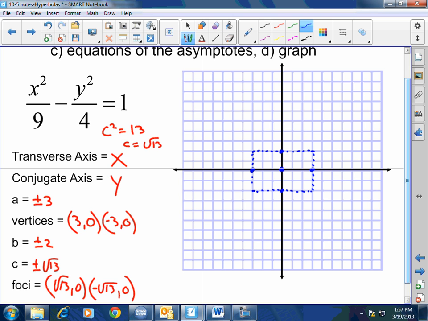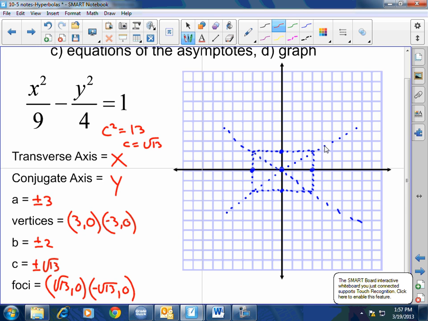Okay. Now, make a line that connects the corners through the center. Make another line that connects the corners through the center. Now, within these restrictions, within my asymptotes, graph the hyperbola.